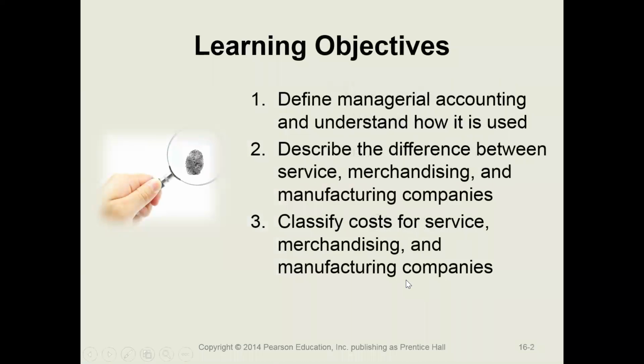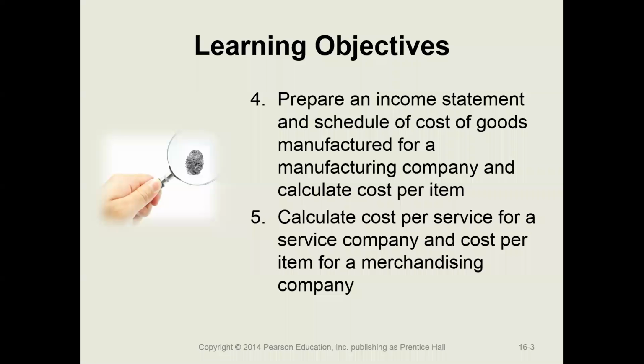So what we're trying to do in this chapter, learning objective, is first to define what is managerial accounting and understand how it's used. We're going to look at the differences between service, merchandising, and manufacturing companies. We're going to look at how we classify costs for those service, merchandising, manufacturing companies that we just talked about.